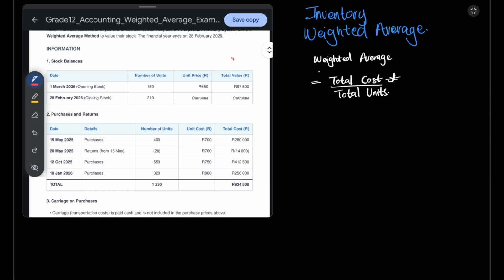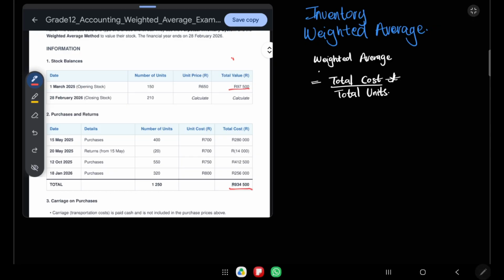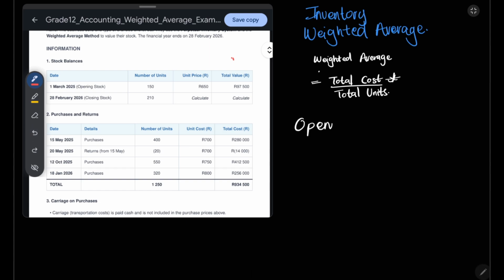We had to multiply certain units in order to get this 97,000 as well as that 934,000. So this will be opening stock plus our units purchased.